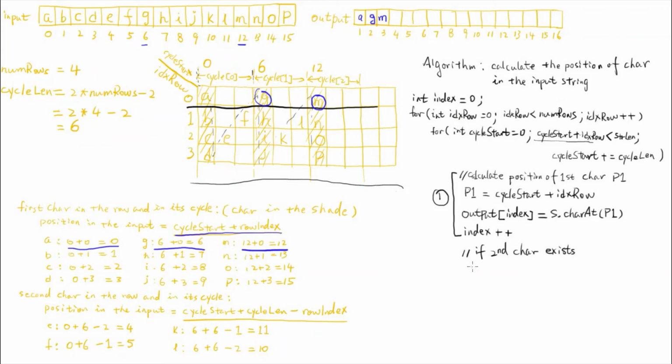So here, for our check, we have a couple of conditions. The conditions are rows are not at the top or bottom.